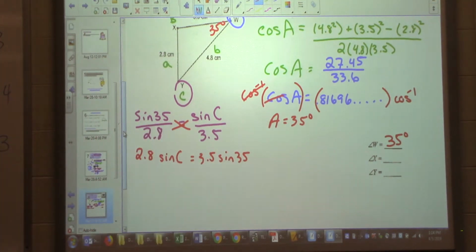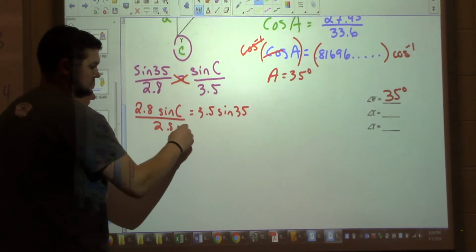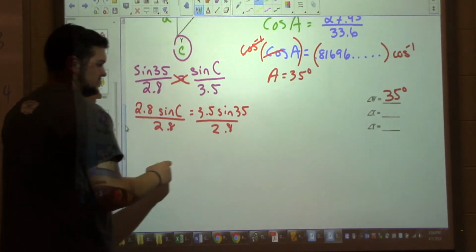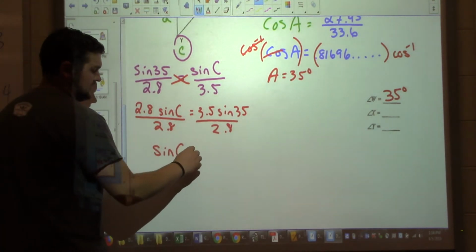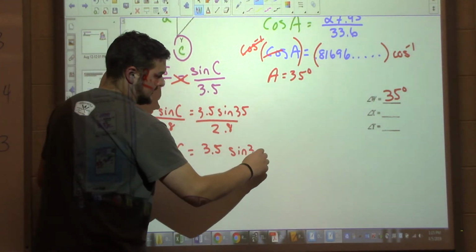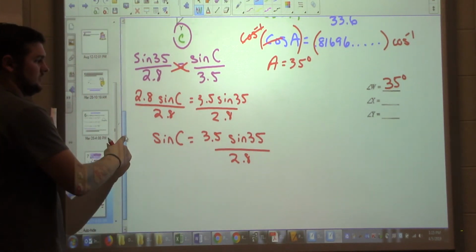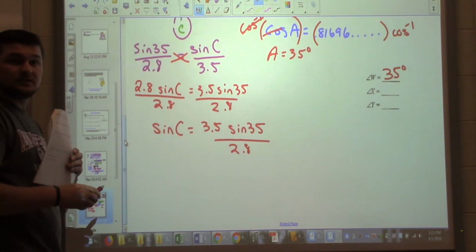You all follow me? We're good? Okay. Divide by 2.8. We get sine of C equals 3.5 times the sine of 35 divided by 2.8. And what should I do to solve for angle C?